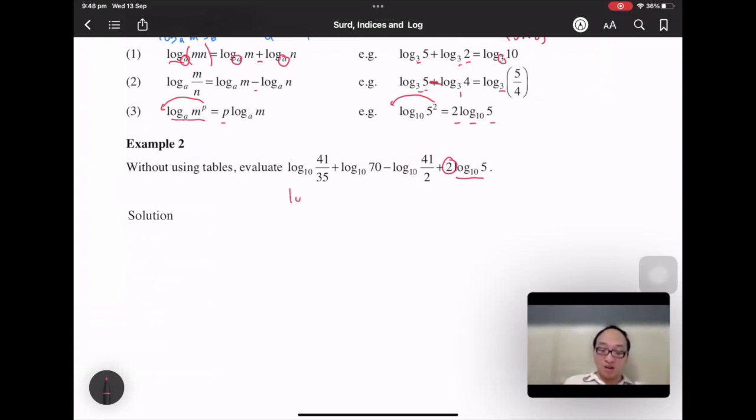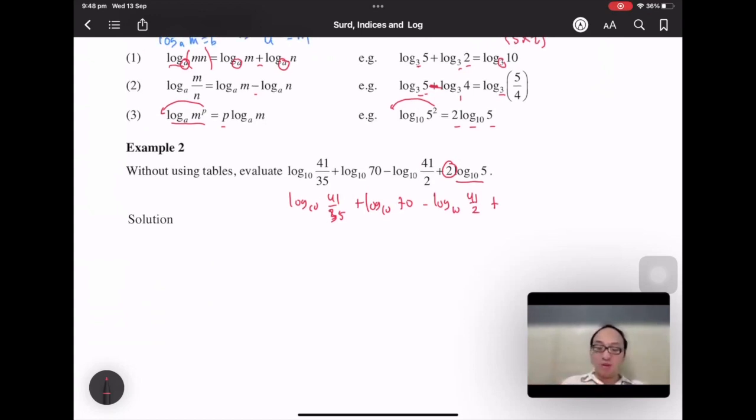So I will rewrite log 10, 41 over 35 plus log 10 of 70 minus log 10 of 41 over 2 plus, now we do the reverse of the rule number 3. So the power is up. So it's log 10, 5 to the power of 2.